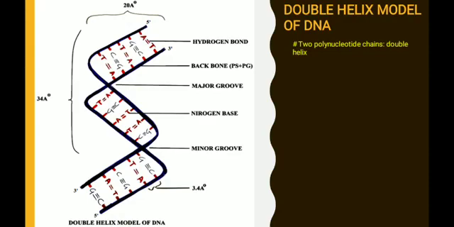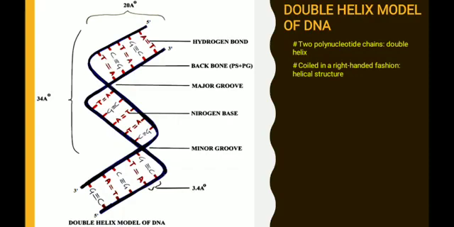Then why is it named double helix? The reason is the two polynucleotide strands are coiled in a right-handed fashion. Since they are coiled in a right-handed fashion, the structure is called a helical structure, and hence it is known as double helix.